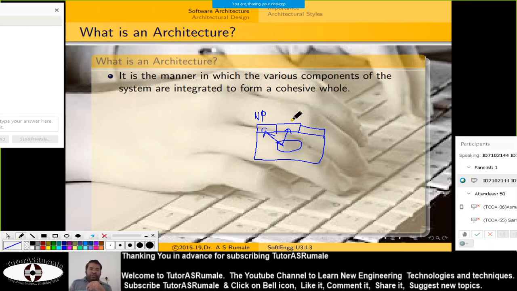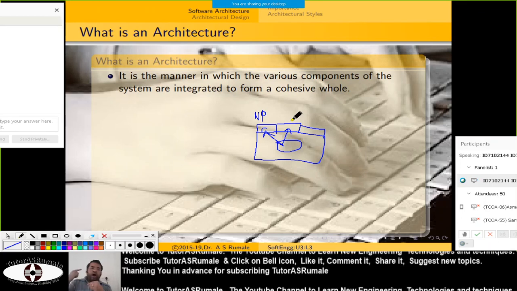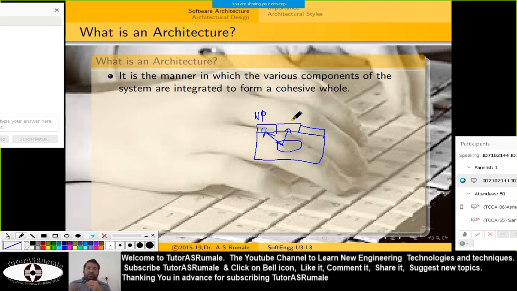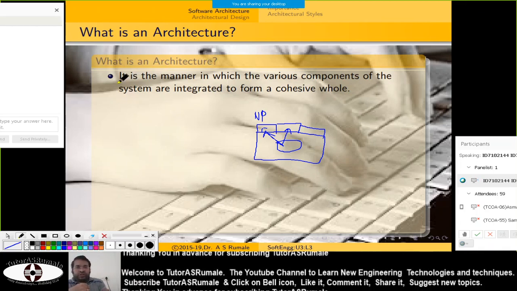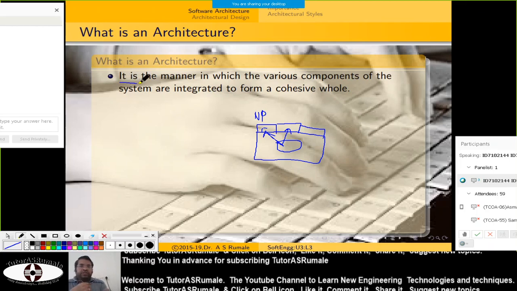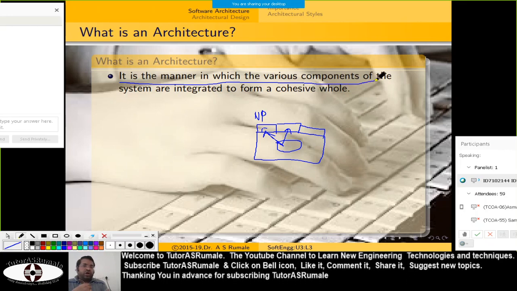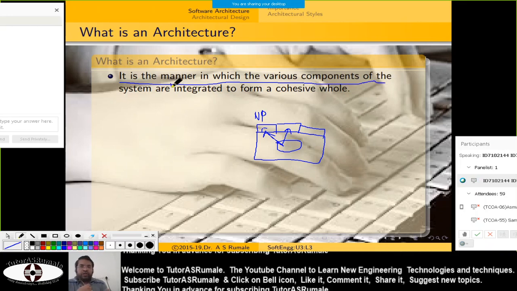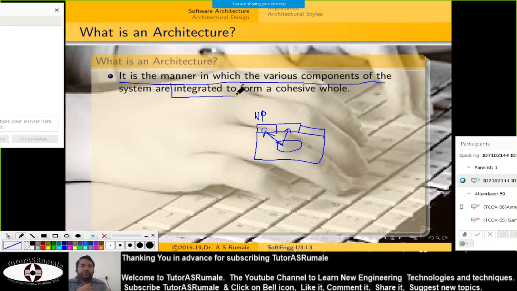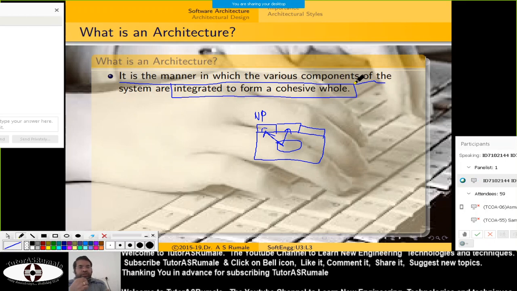So cohesive means they are attached strongly with each other to form a common goal or a common system. So the definition of architecture says it is the manner in which the various components of the system are integrated to form a cohesive whole.